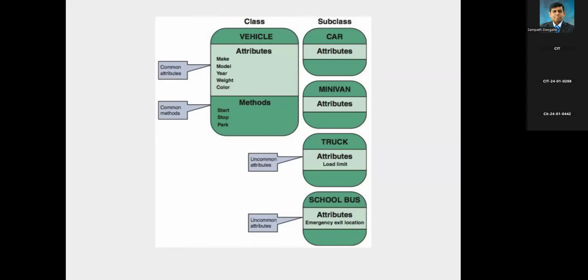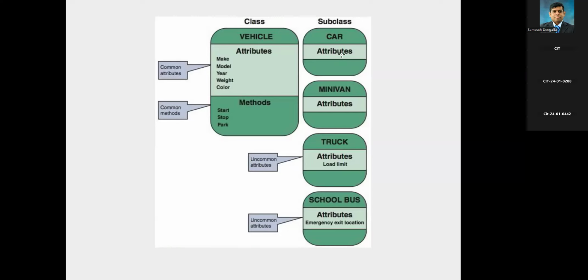In this example, using a vehicle class, we can create subclasses. We have four subclasses here: car, minivan, truck, and school bus. When you make a subclass based on a class, you have common attributes.